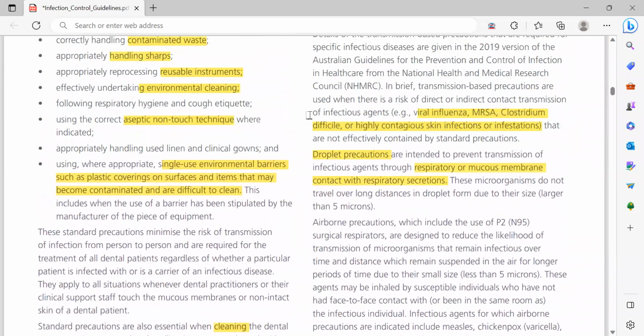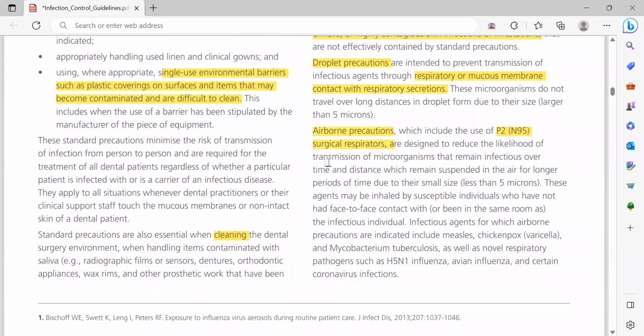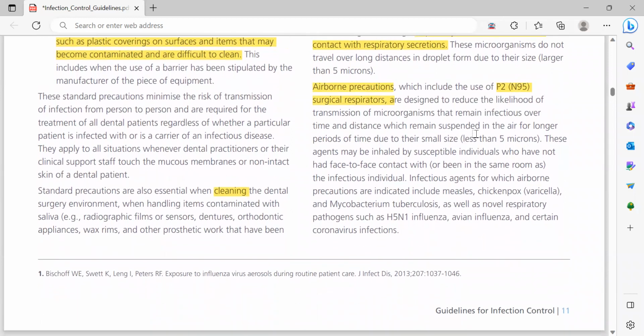So what additional precaution are you taking? You are taking airborne precautions, which means that you need to wear the P2/N95 surgical respirator mask. Respirators, okay, are designed to reduce the likelihood of transmission of microorganisms that remain infectious over time and distance, which remain suspended in the air for a longer period of time due to their smaller size.